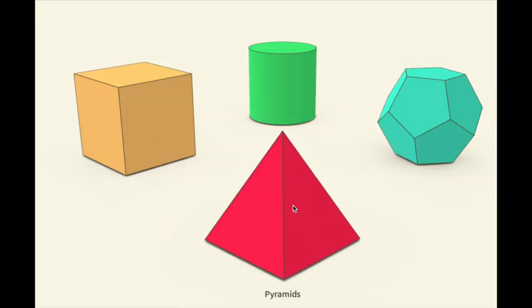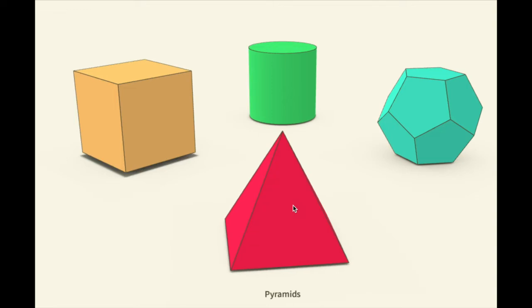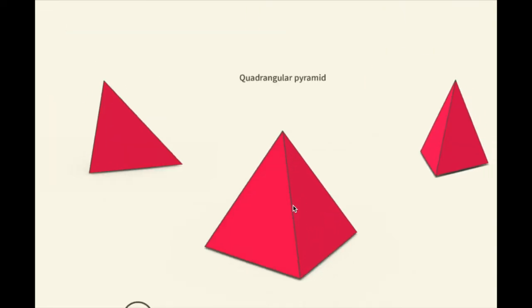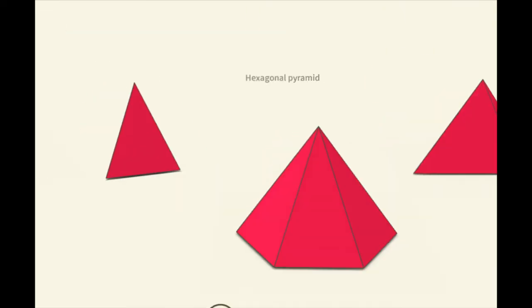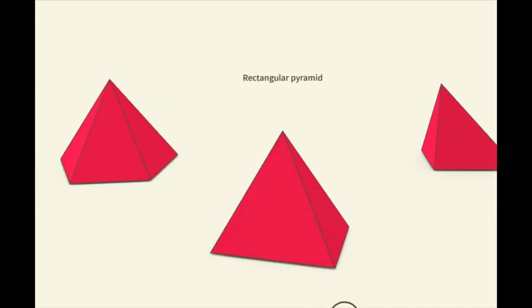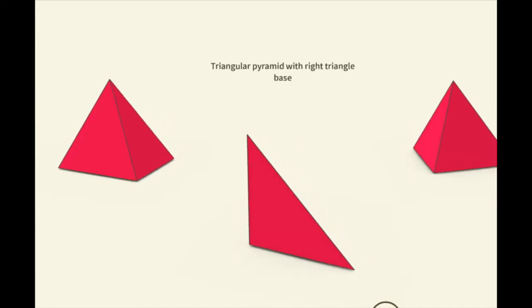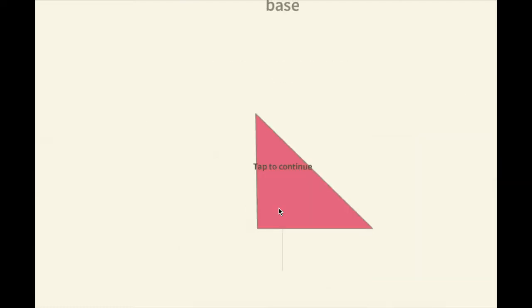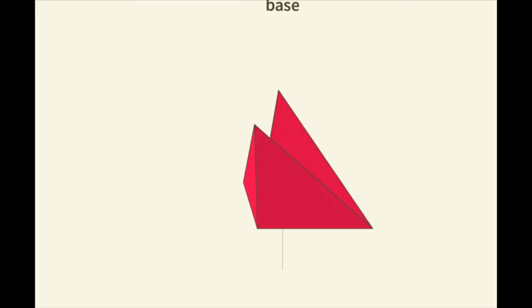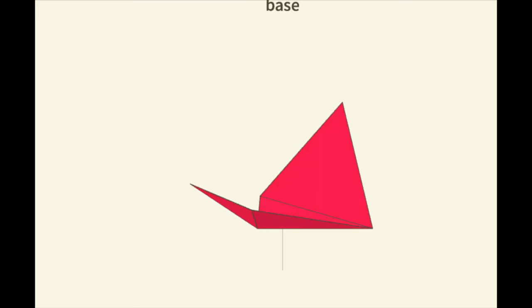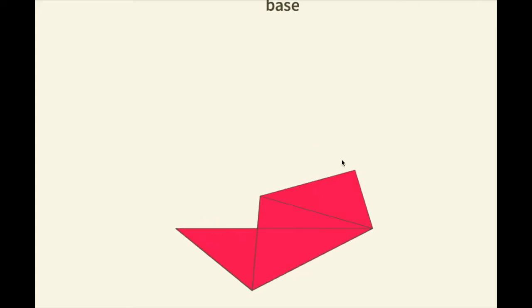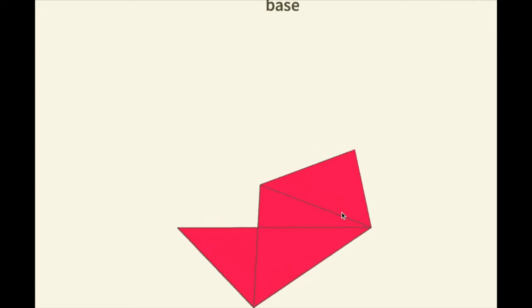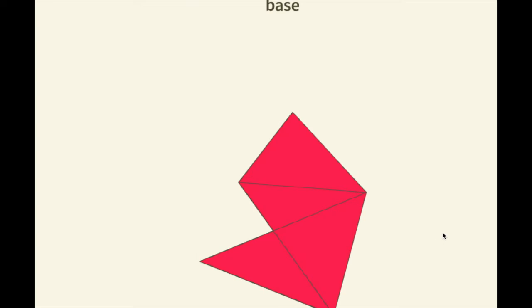Okay, so here you can see different kinds of 3D shapes. Something related to triangles, let's say this pyramid. Let's go for the right-angled base one. Yes, here it is. So here if I want to open the net of the 3D shape, you will notice that the net is exactly a 2D shape.